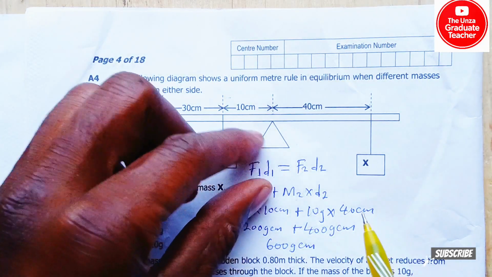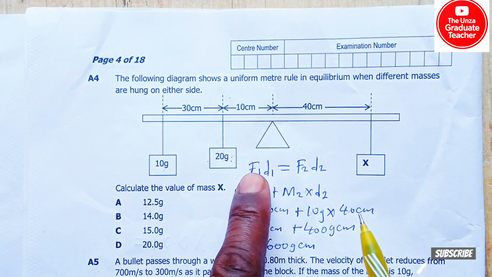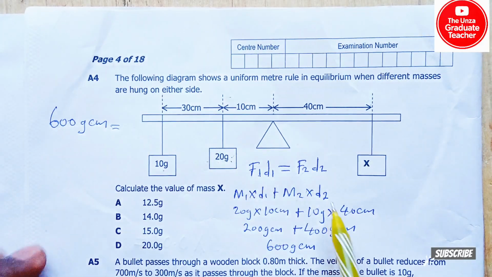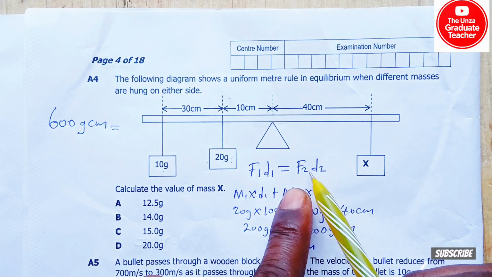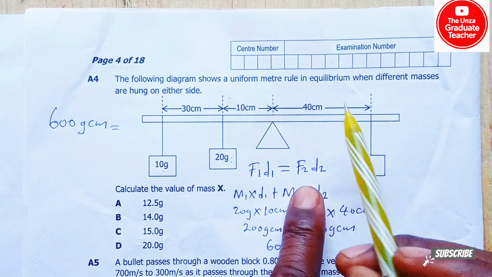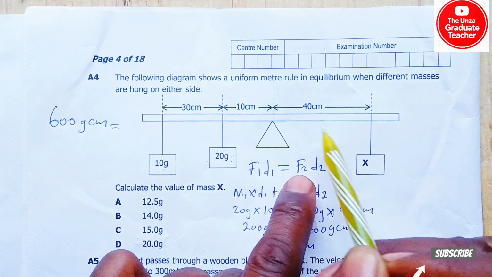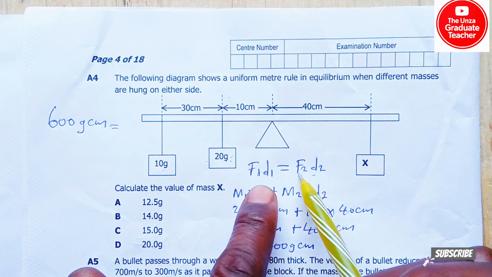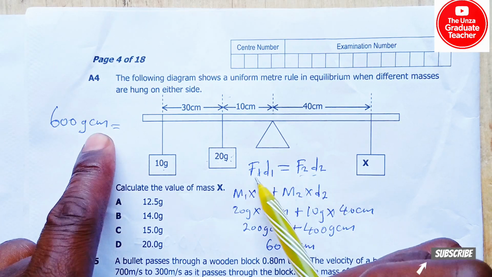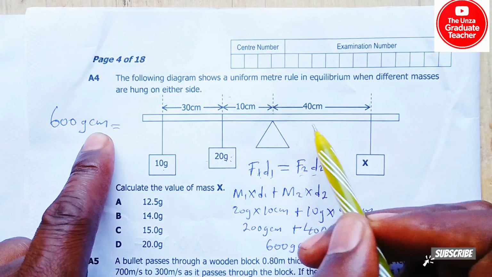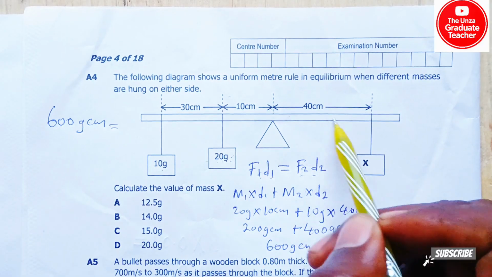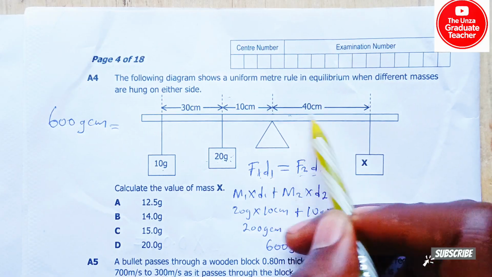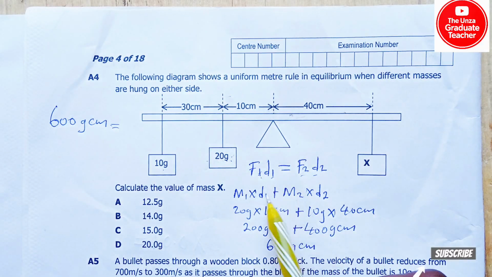Since we have already found the anticlockwise moments, which is 600 gram centimeters, we use that for one side. On the other side, we use the mass multiplied by the distance of 40 centimeters, using the same formula as before.